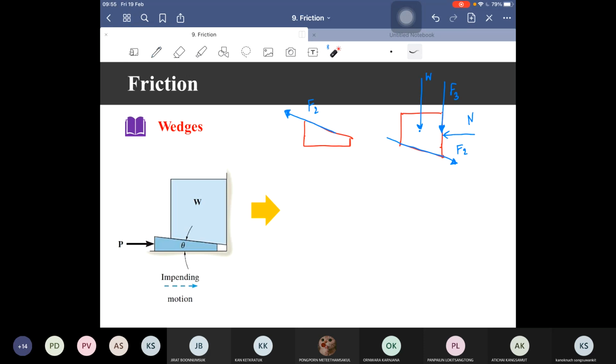Okay, the same as force N, it is an action and reaction force between these two parts, so it must act in the opposite direction. If I suppose that N2 acting on this box is upward, then on the wedge, N2 will act downward.